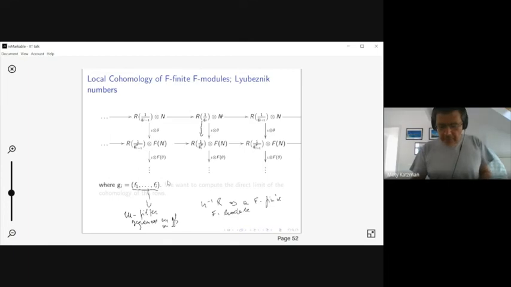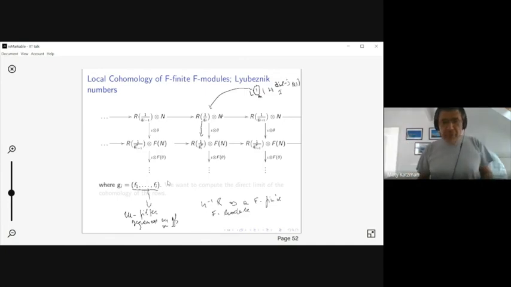Okay, so how can we now compute the double local cohomology module, H^i with support M of H^(dim R minus j) with support I of R? We have to take the cohomology of the rows, and then to get the answer for this i, we look at the ith column, and we look at the direct limit of the cohomology of the rows.